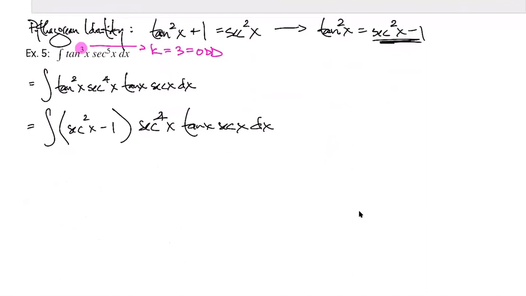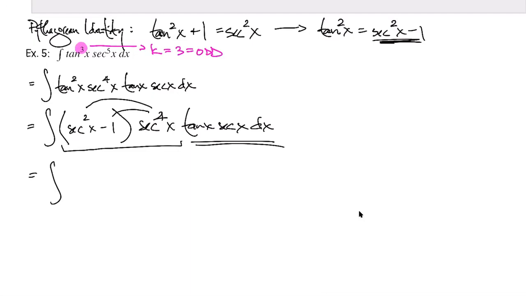From here, we can go ahead and distribute. We're going to take that secant to the 4th and distribute it to both terms, keeping the tangent and secant together at the end and not worrying about them yet.